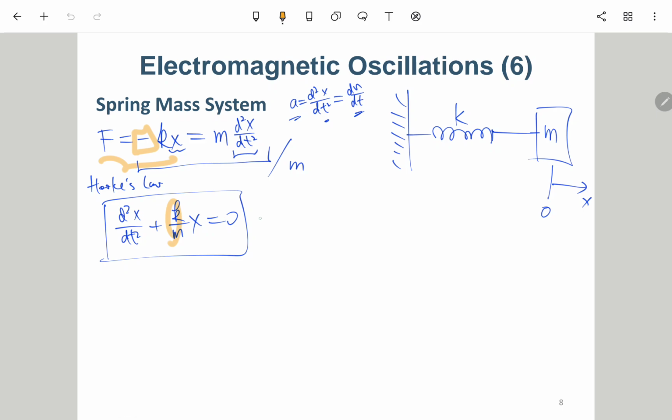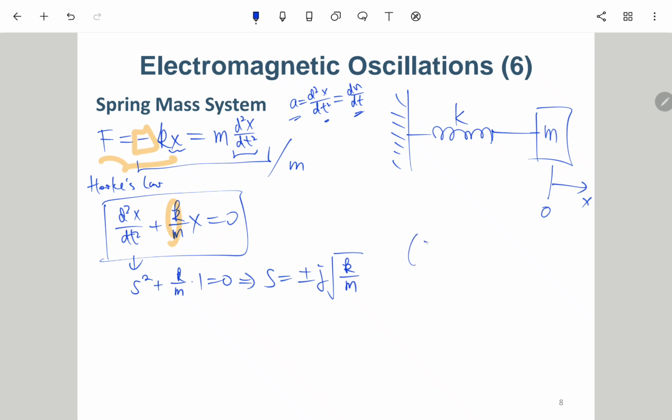Here we can quickly see how we can solve this one, using the math we have learned previously. This is the second derivative, we change it to s squared and then plus k over m, times 1 equals 0. So s will be plus or minus j times the square root of k over m.